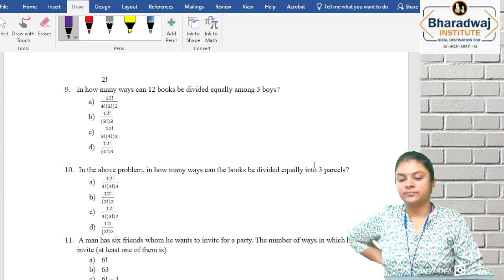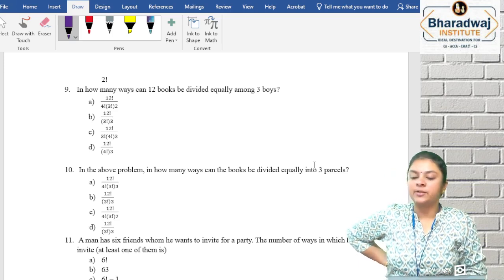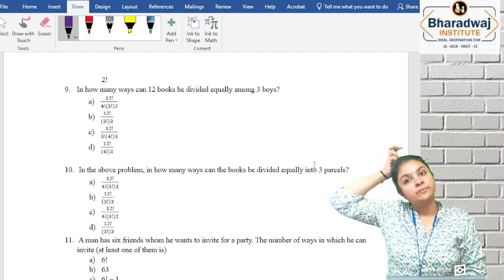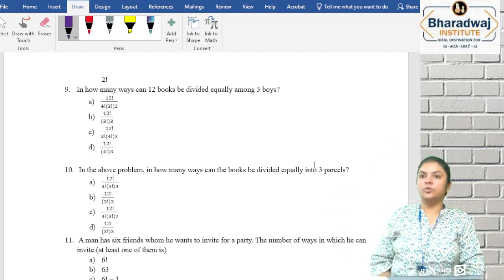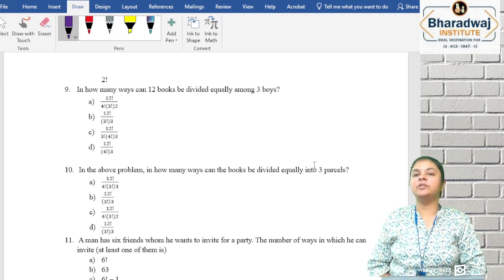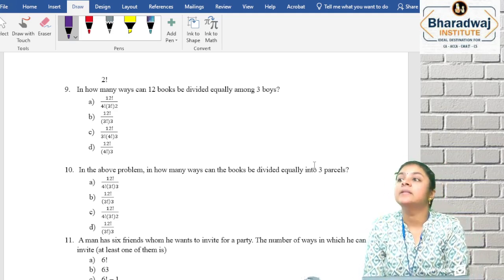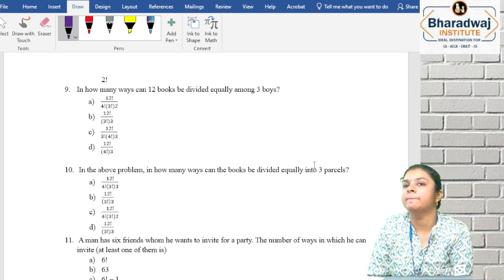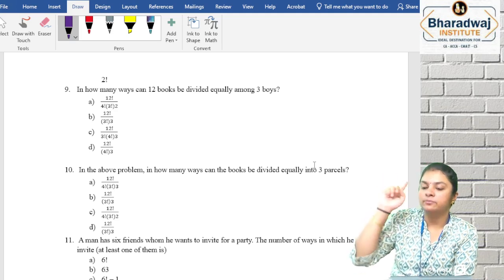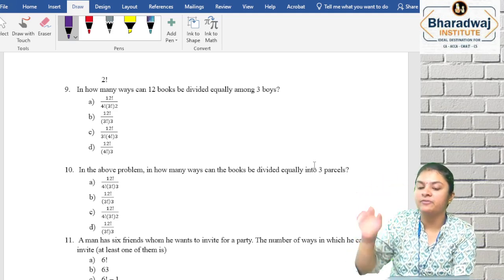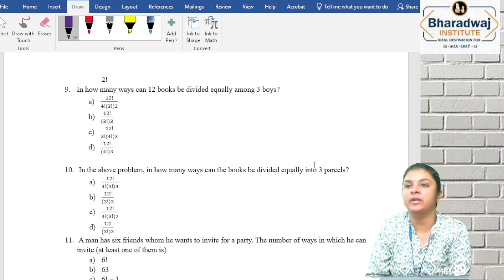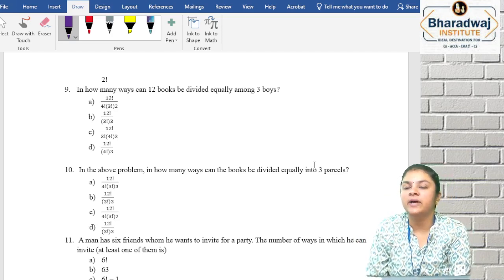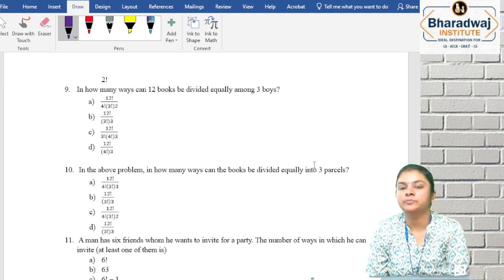Next. In how many ways can 12 books be divided into 3 boys equally? Grouping rule. 12 factorial by 3 boys. Abdina, for per person, how many items I need? So 12 factorial by 4 factorial, 4 factorial, 4 factorial. 4 factorial the whole cube.